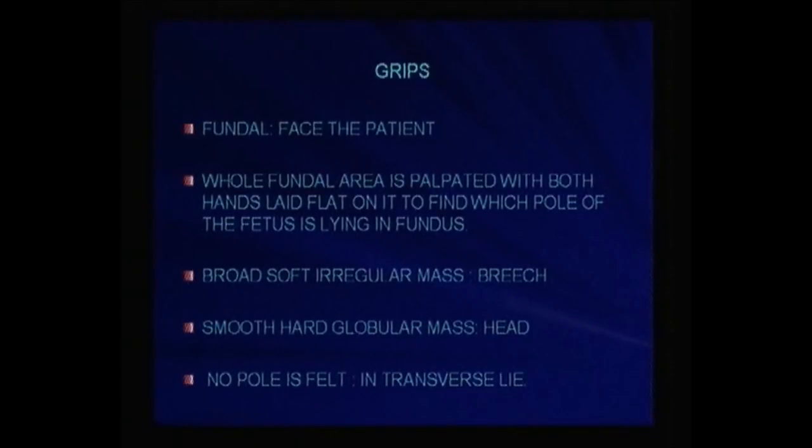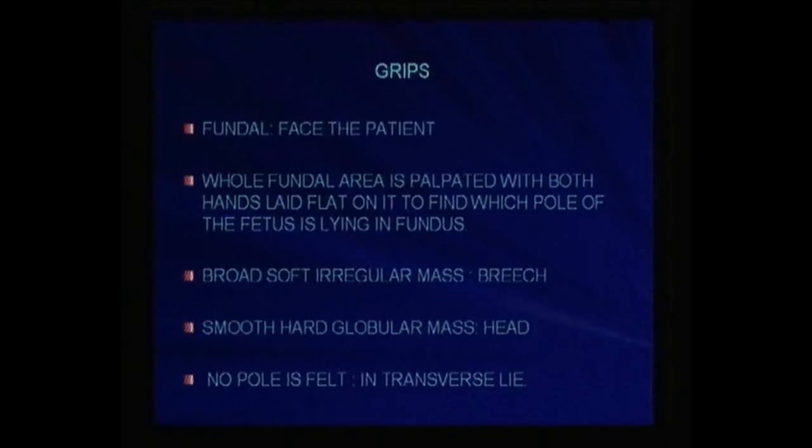To do the fundal grip, one should face the patient. This is also the Leopold's first maneuver. The whole fundal area is palpated with both hands laid flat on it to find which pole of the fetus is lying in the fundus.